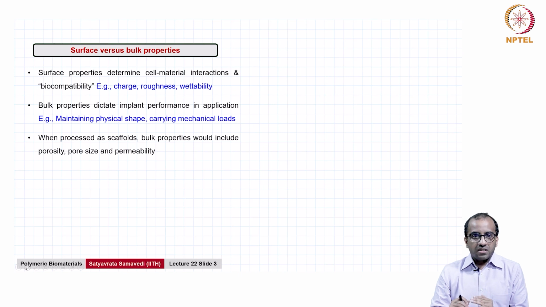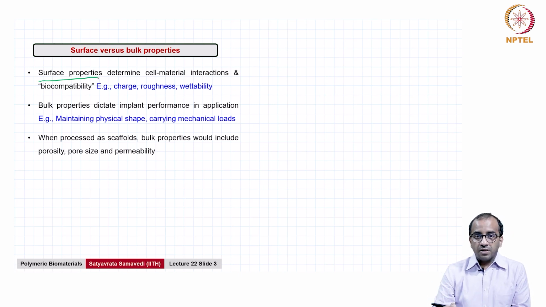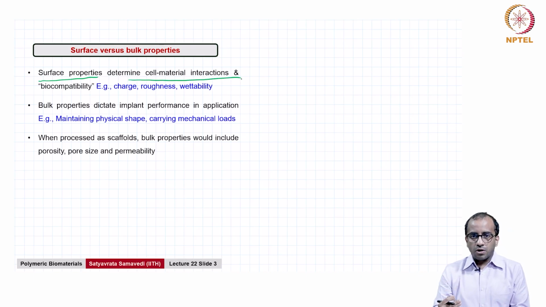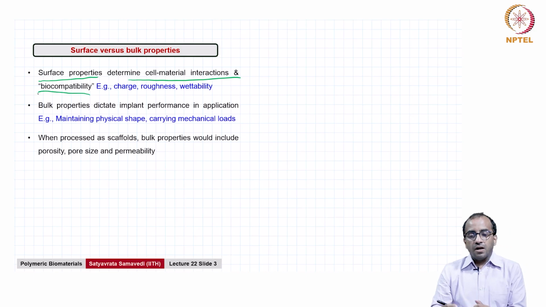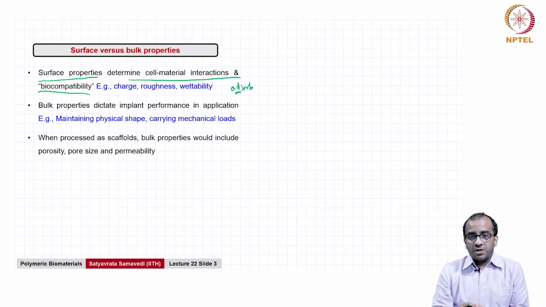Now, why are they critical? First thing to note is surface properties determine cell material interactions and what you would first think of as the initial aspects of biocompatibility. Because when you implant a material, the serum proteins in the blood will first adsorb on the material, and because we are using the word adsorb, it should be clear to you that this is a surface phenomenon.